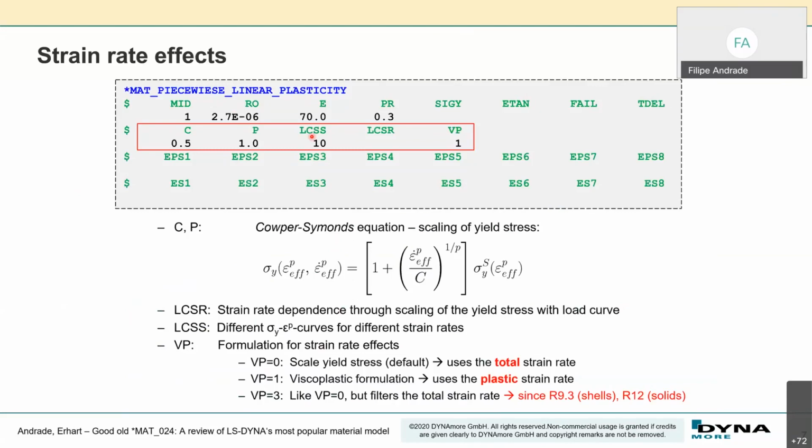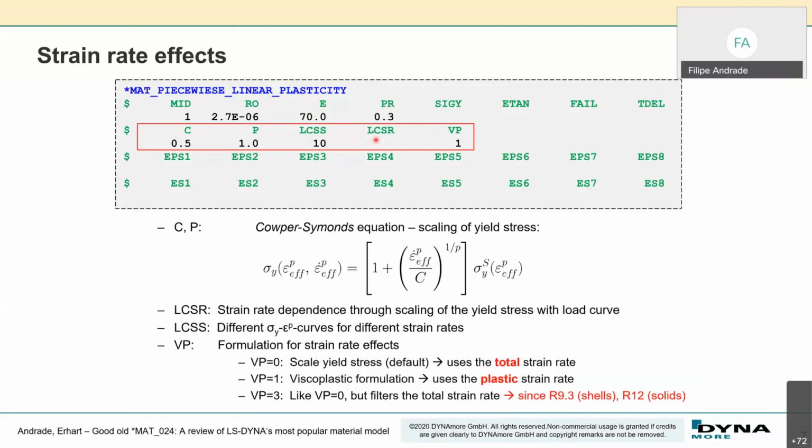And that's basically what these Cowper-Symonds parameters are doing. They are just scaling the quasi-static curve. And again, in my experience, materials don't really behave like that. It's a bit more complicated, but you have this freedom to do so using a table.